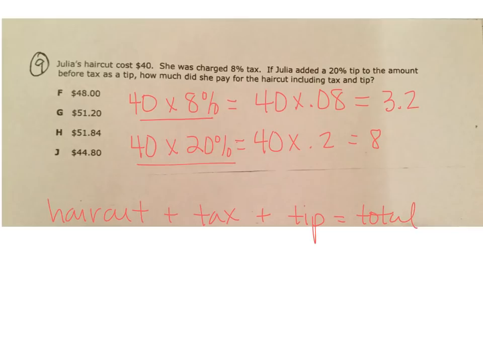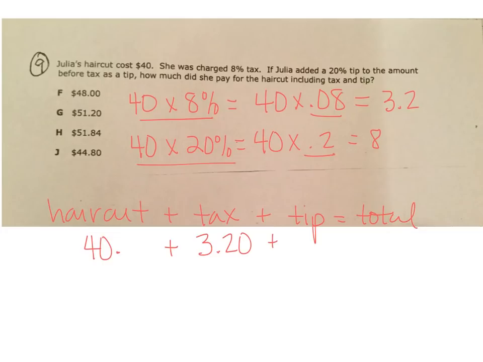So now let's add 40, consider your decimal, plus, that was for the haircut, plus the tax. What was the tax? 8%, so it was $3.20, plus the tip.